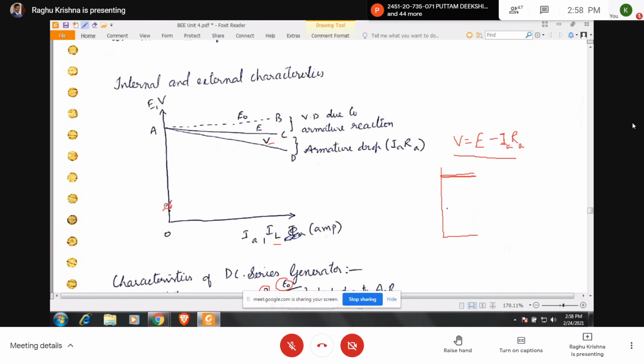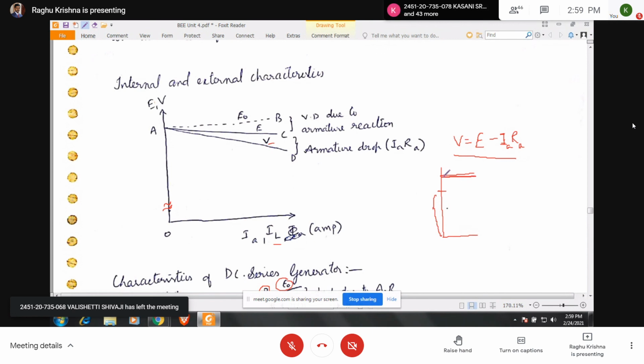There are more values on the y-axis, but I have taken only the required values. I have taken this part, and this part I have not included in this graph.